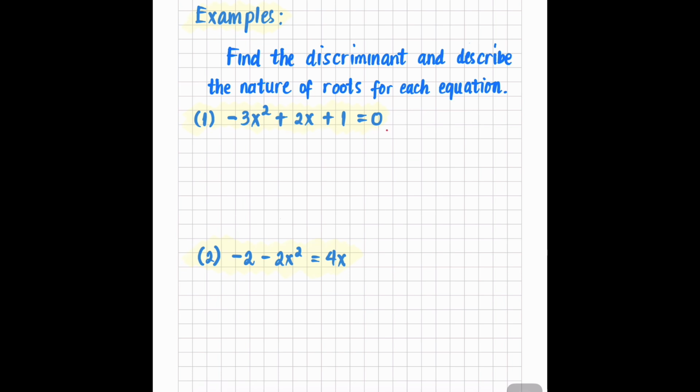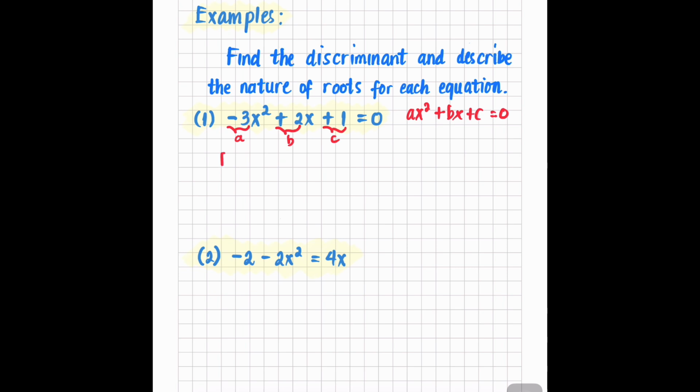As you can see, this equation is already arranged in the form of ax squared plus bx plus c equals 0. So from here, we can identify the values of a, b, and c. The value of a is negative 3, the value of b is positive 2, and c is positive 1.